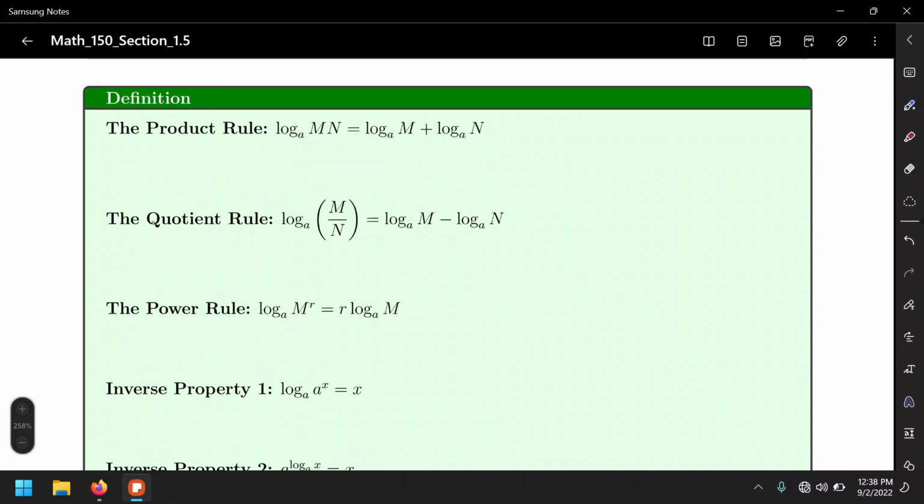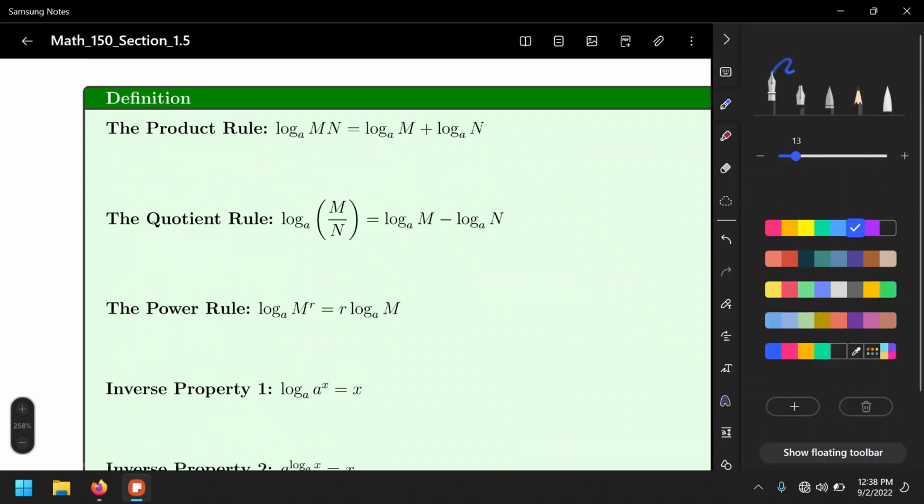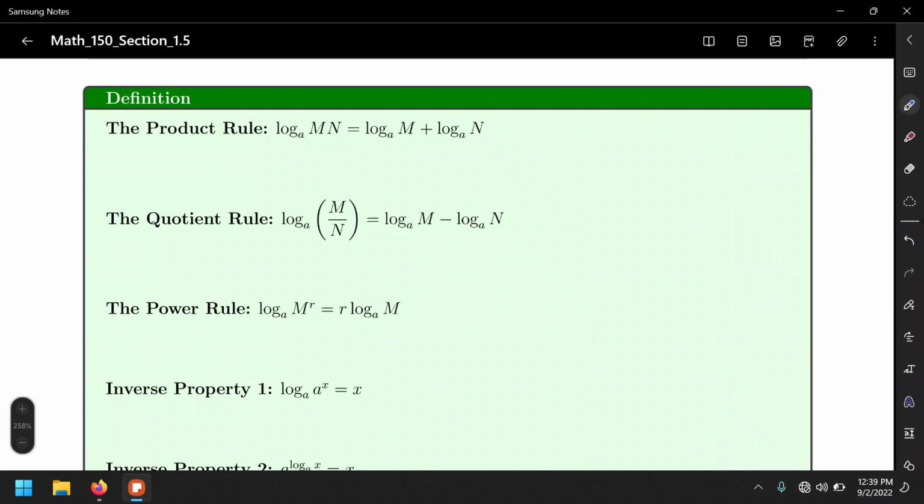Let's see the product rule in action. For example, let me just do log base 7 of 5x. Any base is fine.